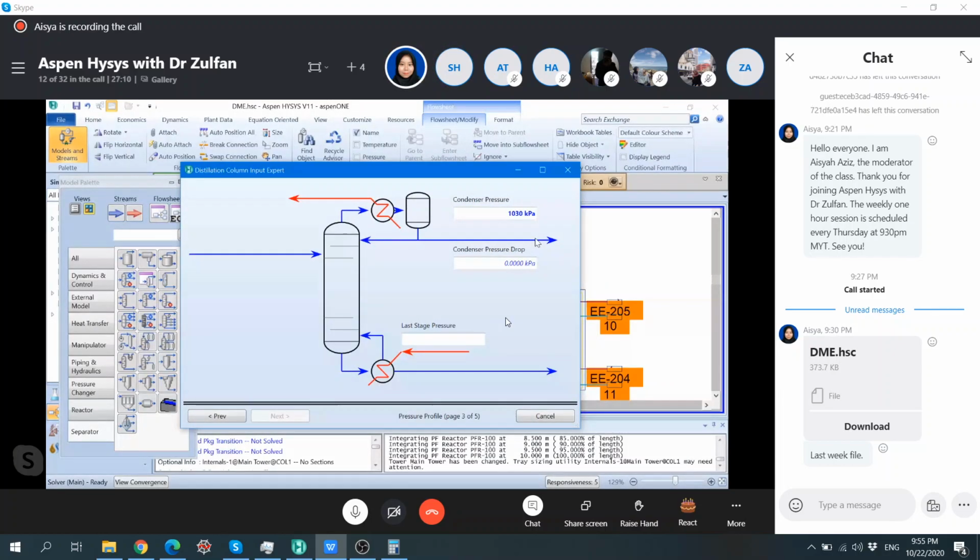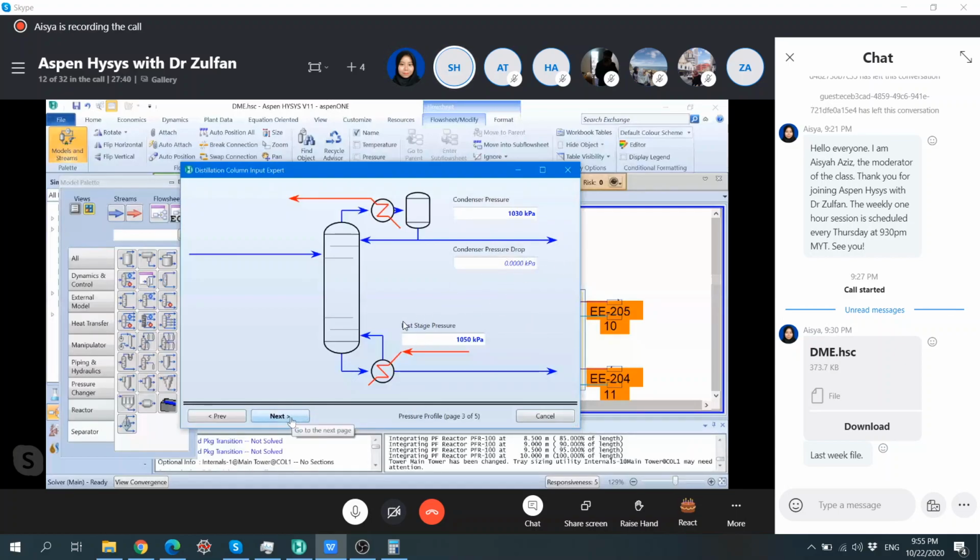Right, and then if you want, because stream 11 is at the bottom of the column and stream 11 is 10.5, you could also put 10.5 bar as the last stage pressure. The pressure in between will be calculated accordingly.